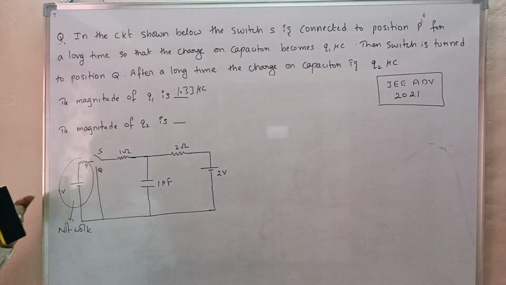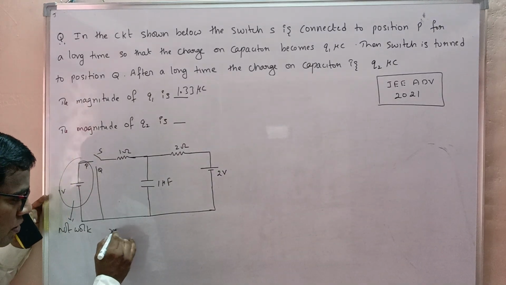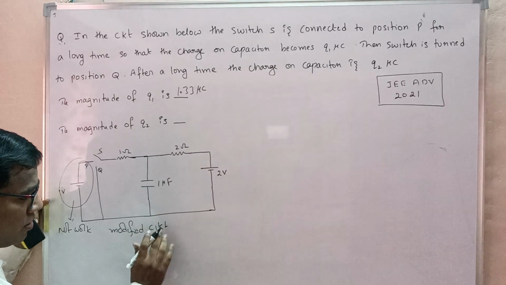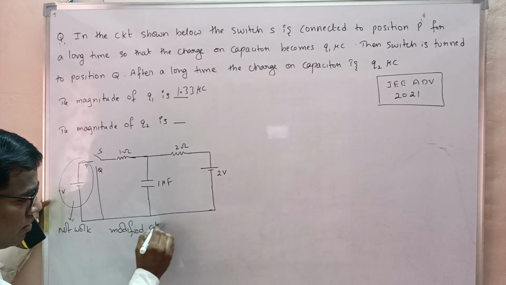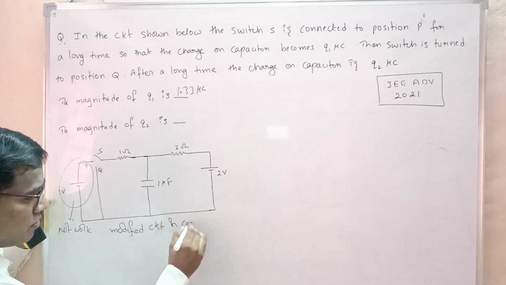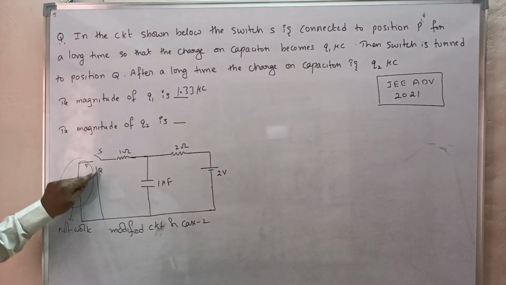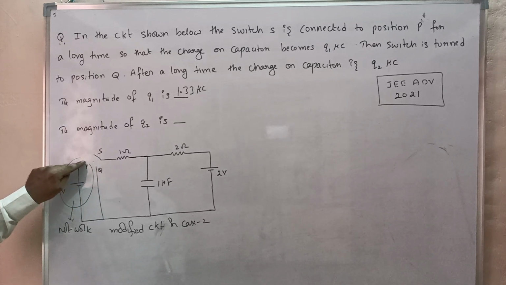If it is not working, then write the modified circuit in case 2. Again try to understand. Switch is connected to Q. When the switch is connected to Q, this will be open.